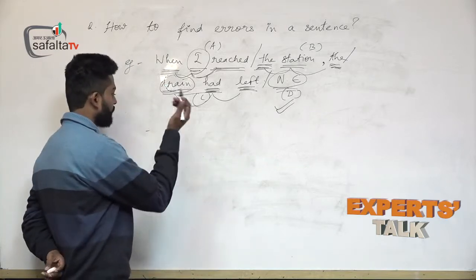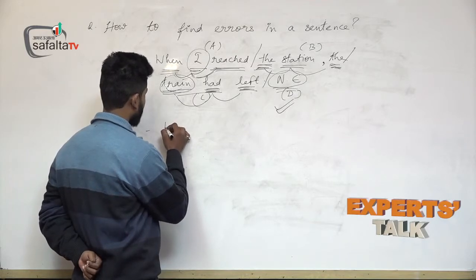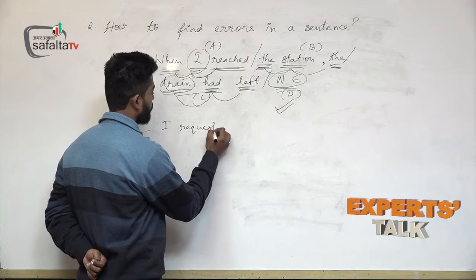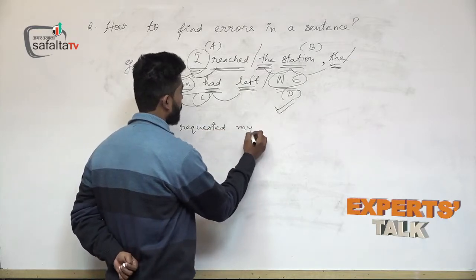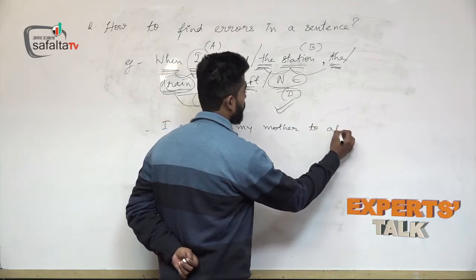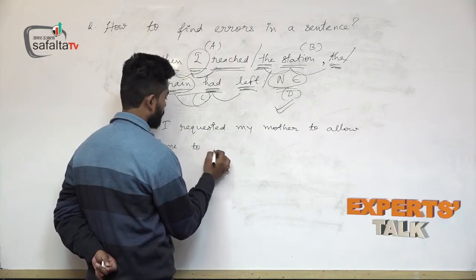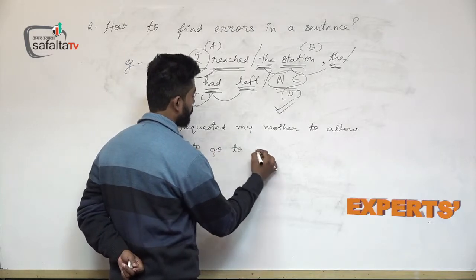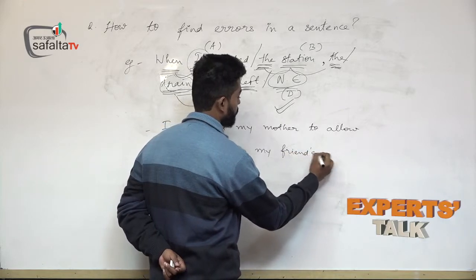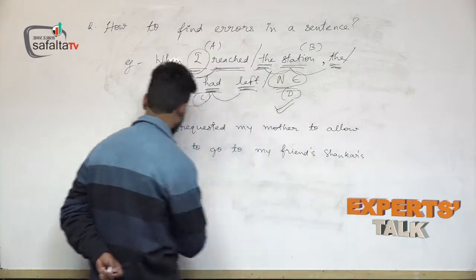Now let us take another example which says, I requested my mother to allow me to go to my friend's Shankar's house.